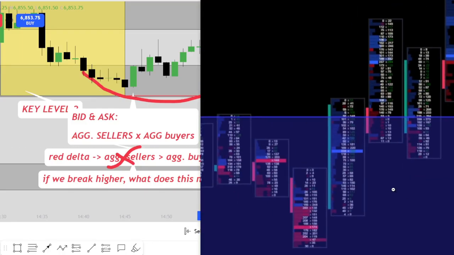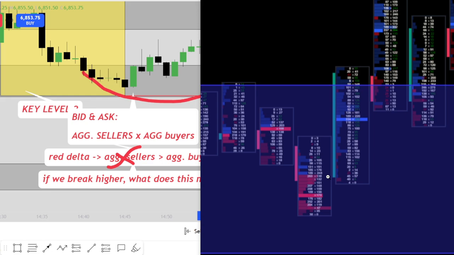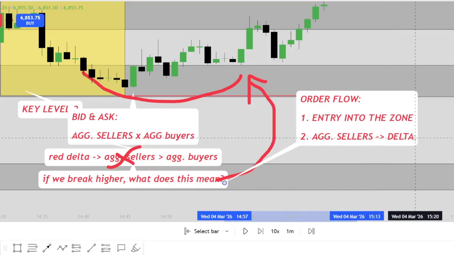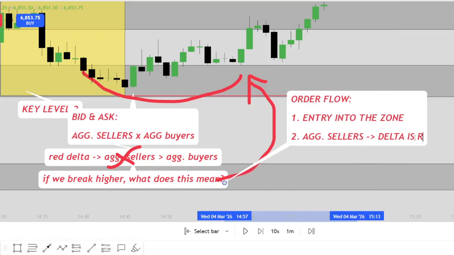These are the footprints of each candle, with sell orders on the left and buy orders on the right. The only thing you need to take away is that you look at the delta inside of the candles to decide whether a zone is going to hold bearish or hold bullish. There are more aggressive sellers, and so the delta is red.